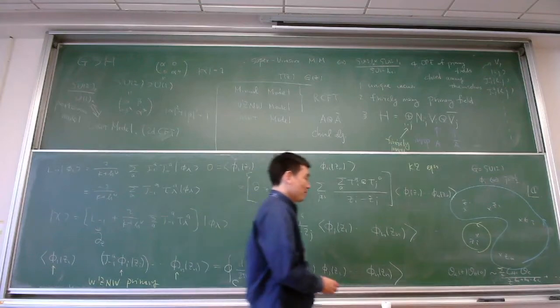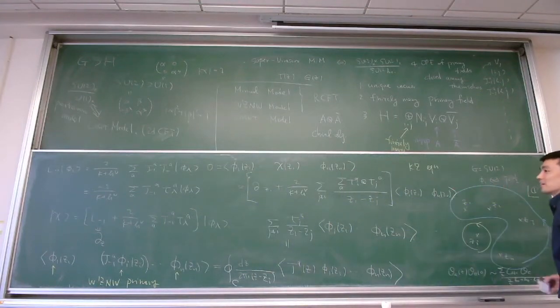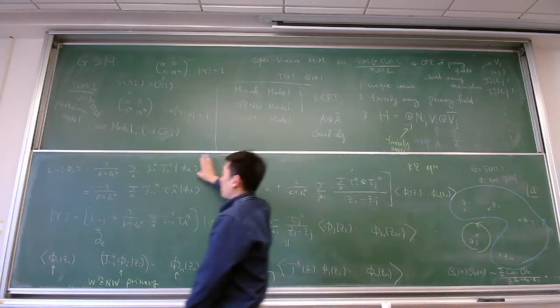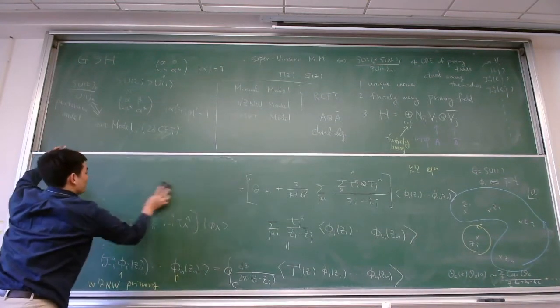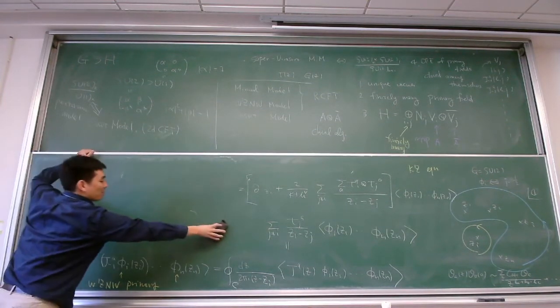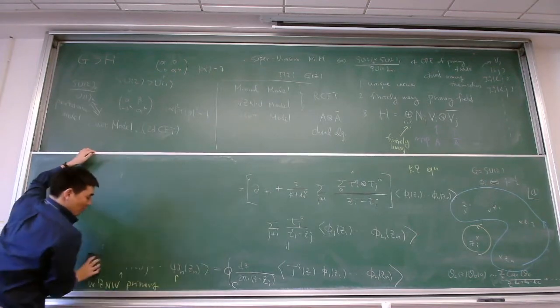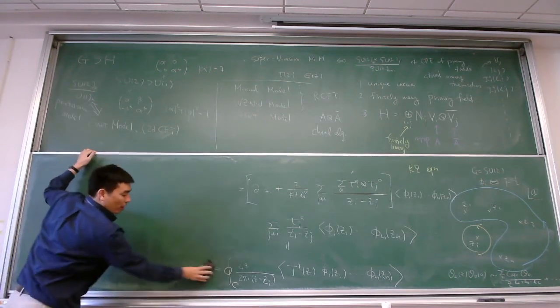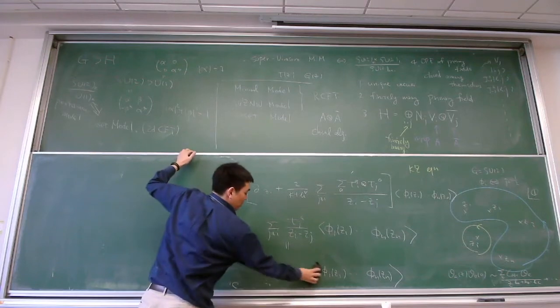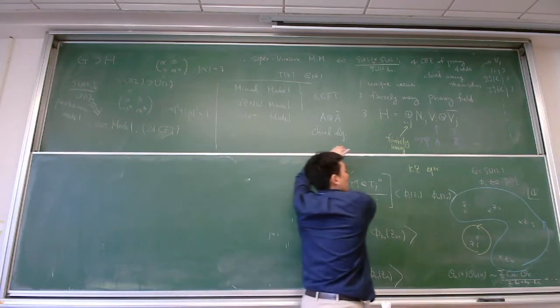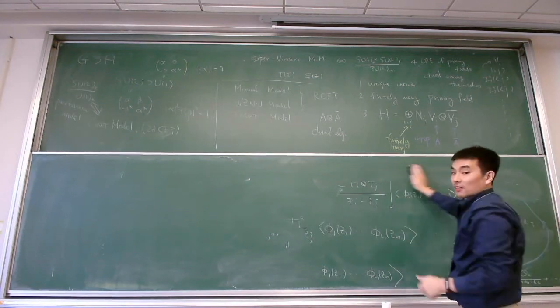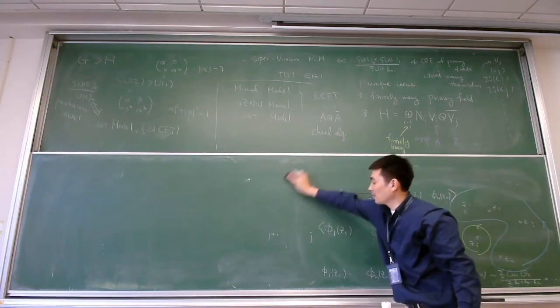As I keep mentioning, the Ising model fits into the most important minimal models, so there must be finitely many primary fields. How many primary fields do you have in the Ising model? Do you remember?